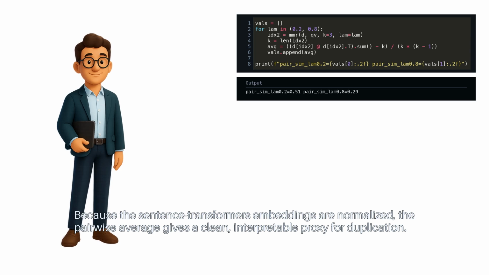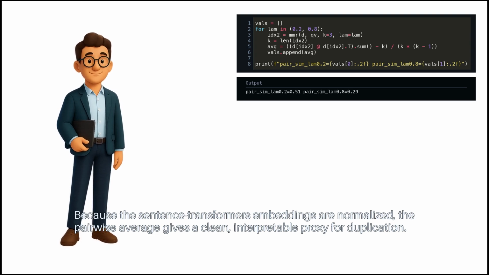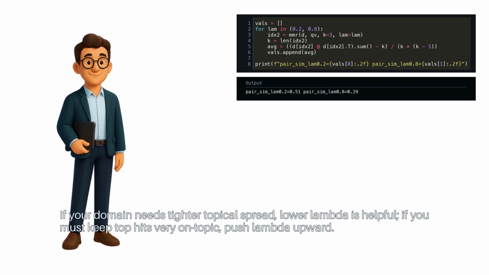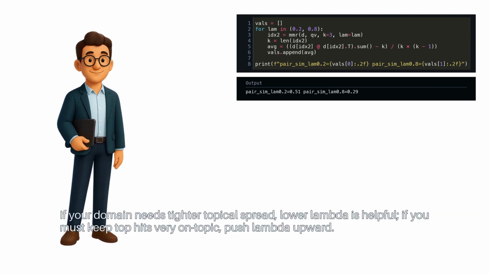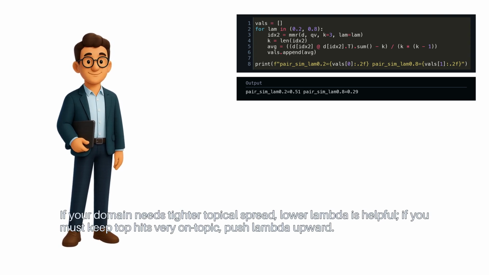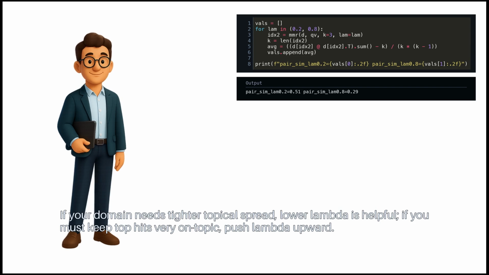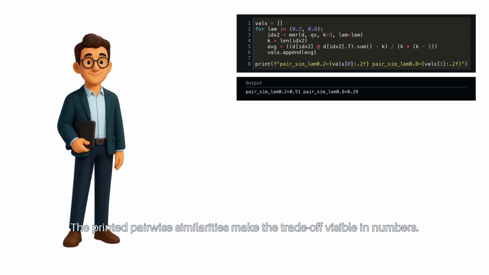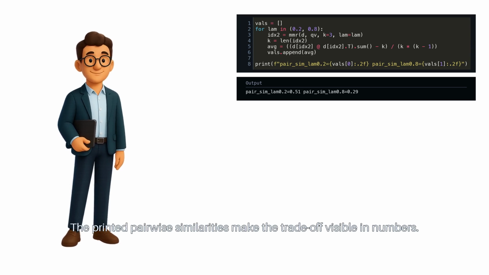Because the sentence transformer's embeddings are normalized, the pairwise average gives a clean, interpretable proxy for duplication. If your domain needs tighter topical spread, lower lambda is helpful. If you must keep top hits very on topic, push lambda upward. The printed pairwise similarities make the trade-off visible in numbers.